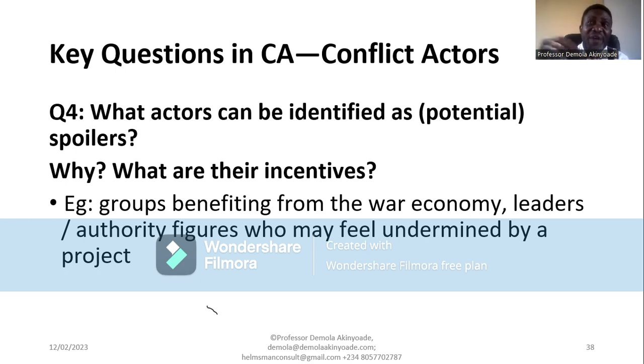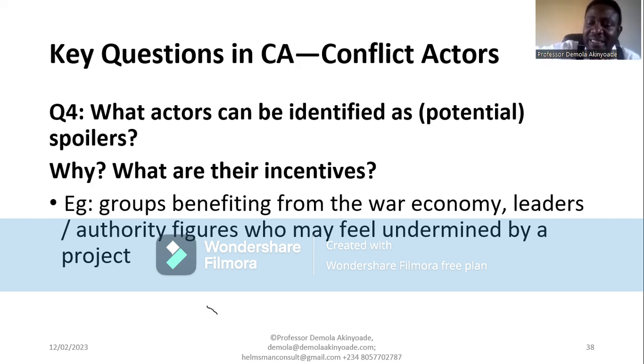And once you identify such people, Yoruba people call them Arije Nidi Modaru, someone that finds their means of livelihood or that benefits from confusion, that benefits from violence, from bad things. Once you identify them, what you want to do is determine their capacity.